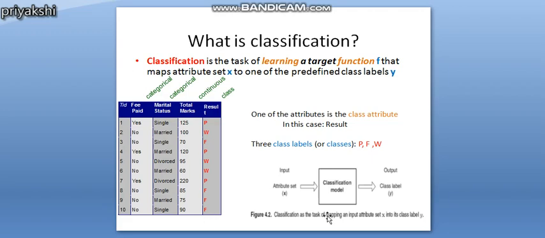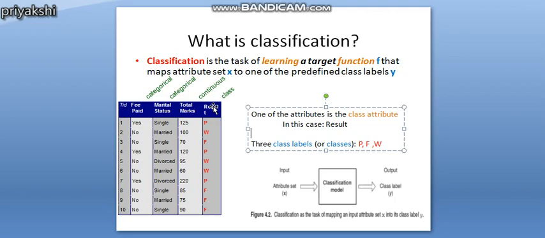In classification we give the attribute set as input to the classification model, and in the output it will give us the class label, which is already predefined. Predefined means the class label will be either pass, fail or withheld. In the collection of records, one of the attributes is the class attribute, and in this case it is the result.